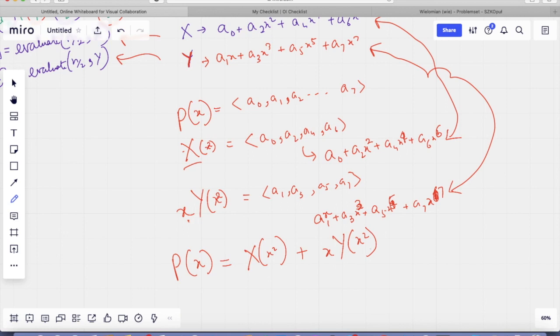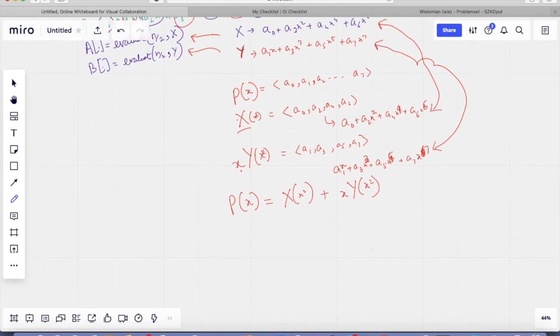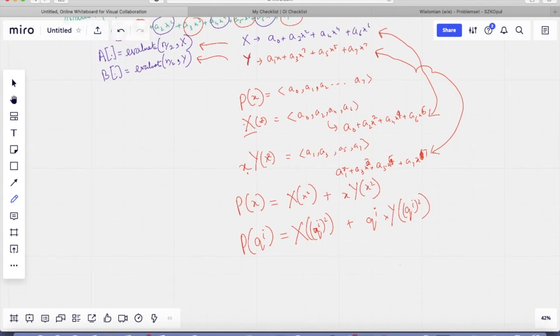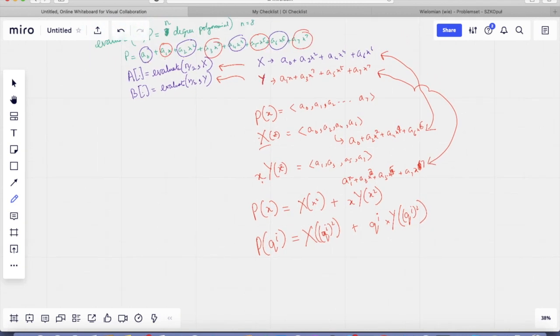Now, what does this essentially mean? It means that when I want to calculate p of, let's say, q to the power i, then we are essentially calculating x of q^i whole square plus q^i into y of q^i whole square. This is essentially what we are calculating. Now we kind of want to use this kind of a calculation here.